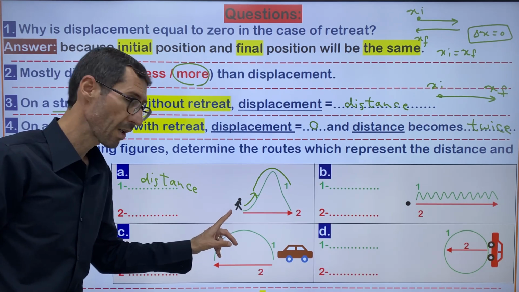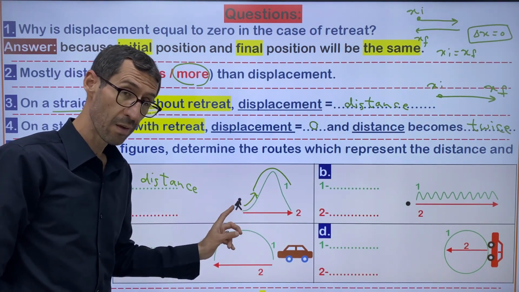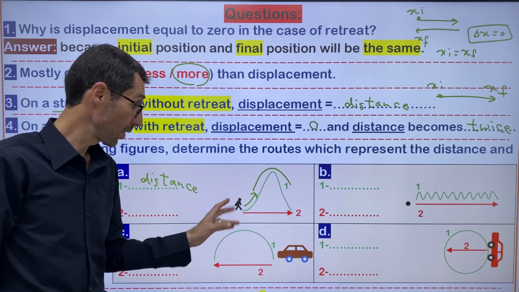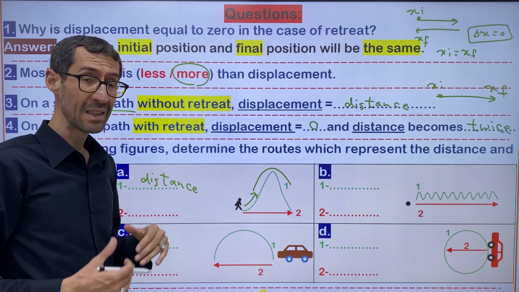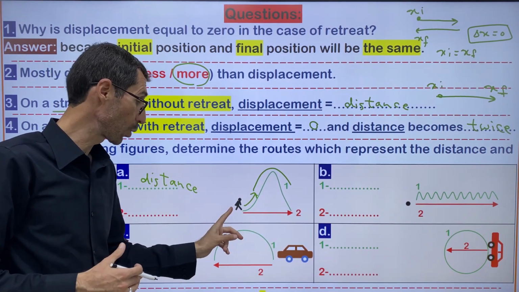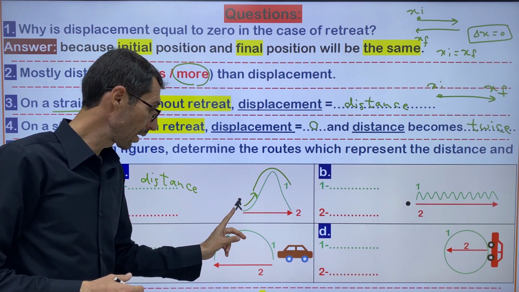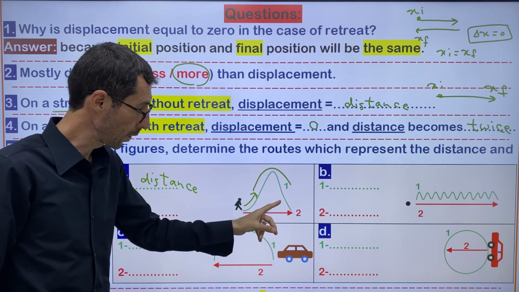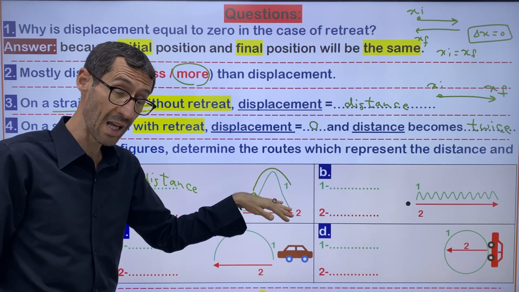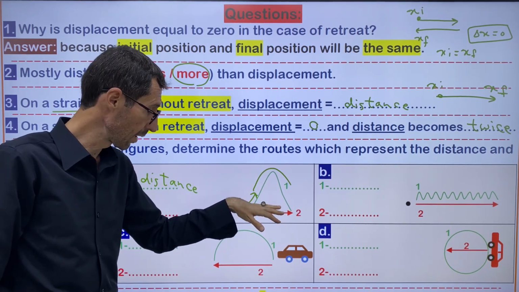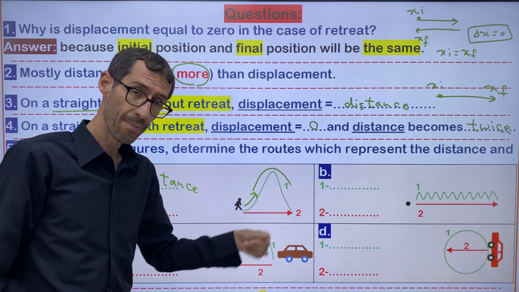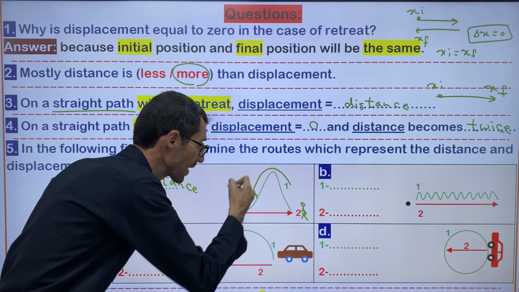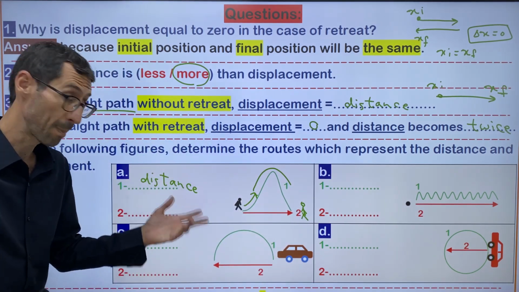Think about the same tourist. I want you to calculate the displacement for the tourist when he or she climbs up the hill, goes up, and goes down to the other side. For example, the person reaches here, and this is his or her path.